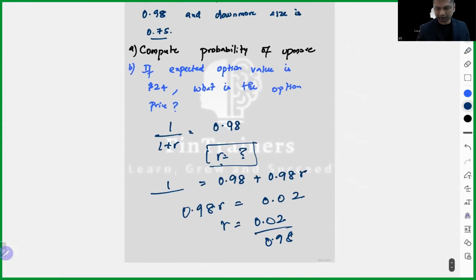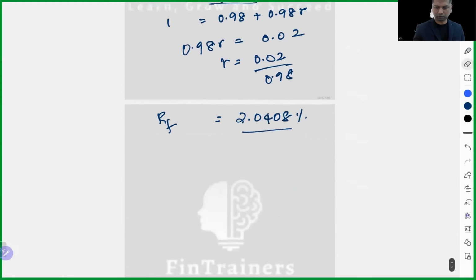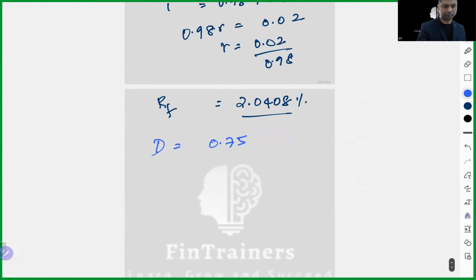That will be slightly more than 2%, 2.0408. So my risk-free rate is 2.0408%. Yeah, so when you just use 1 by X. So downside is 0.75. In your calculator, you type 0.75 and press 1 by X. So your up move is 1.333.